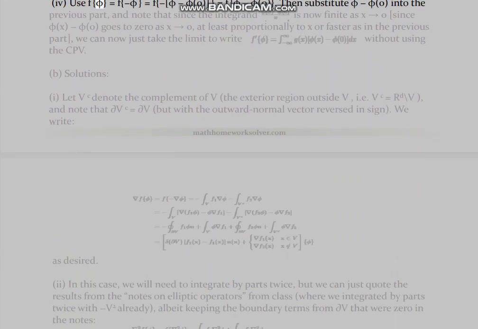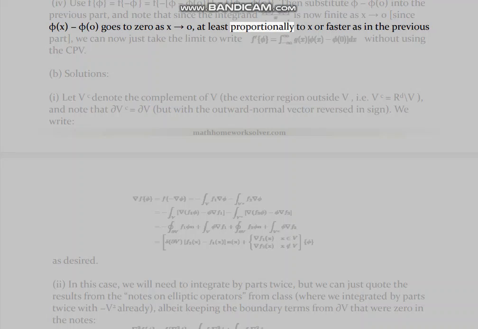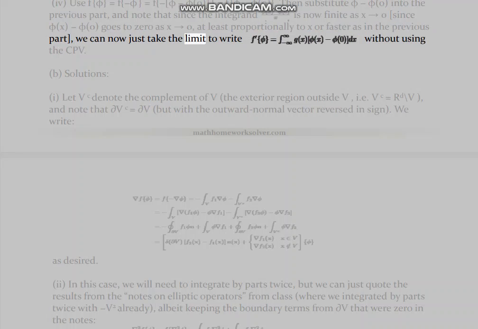Use f(φ) equals f(-φ) equals f(-φ(0)) equals f(φ minus φ(0)). Then substitute φ minus φ(0) into the previous part, and note that since the integrand is now finite as x goes to 0, since φ(x) minus φ(0) goes to 0 as x goes to 0, at least proportionally to x or faster, as in the previous part, we can now just take the limit to write the result without using the CPV.